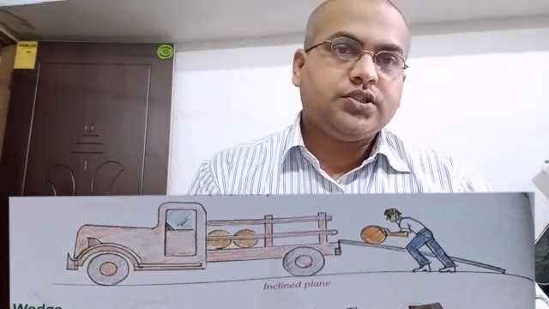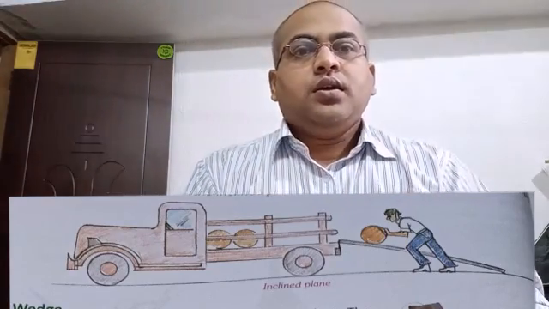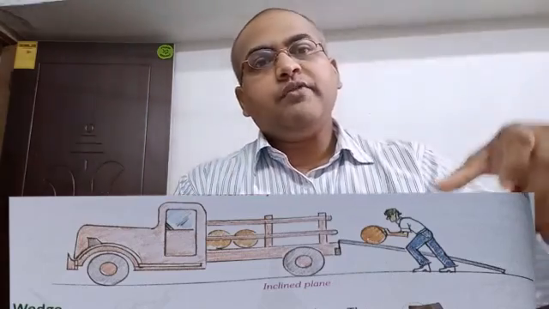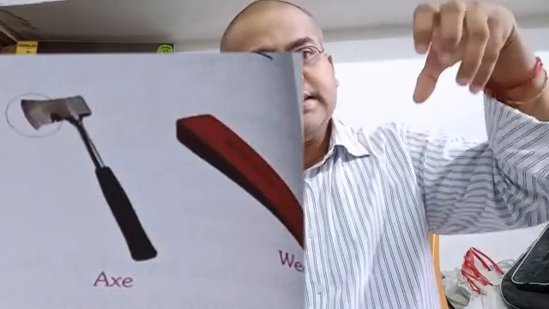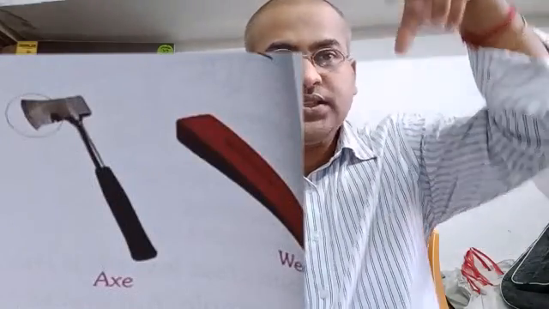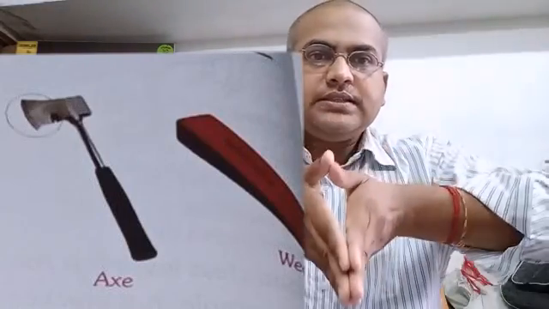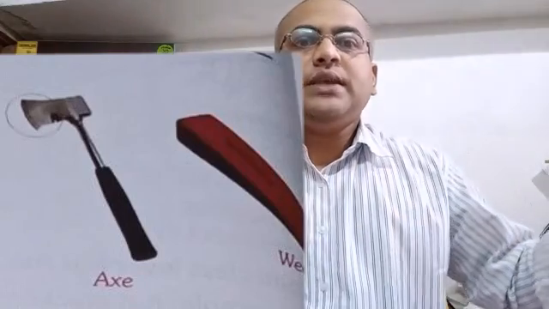So this edge, these two inclined planes joined together like an X. The best example is an axe. Whenever we put this axe or this wedge in a gap, the inclined planes force on the sides, so they will separate.